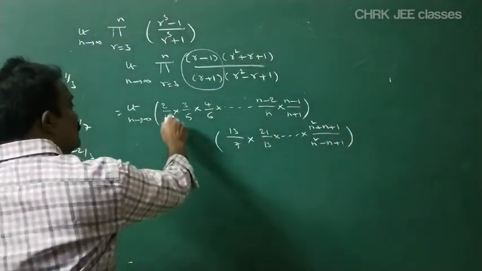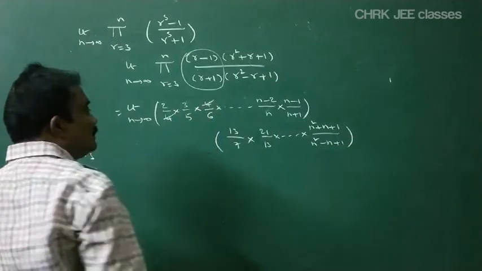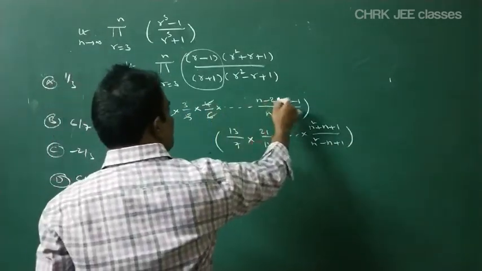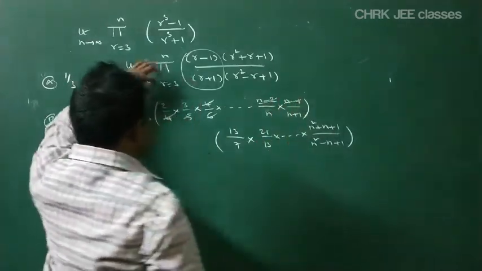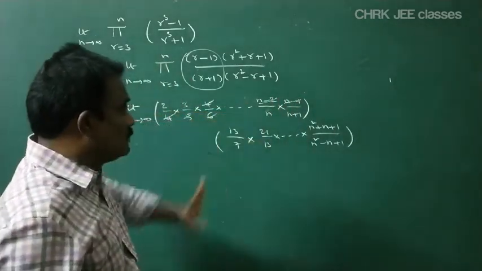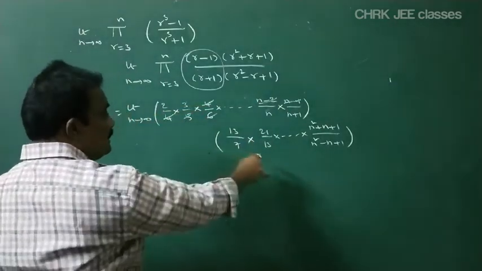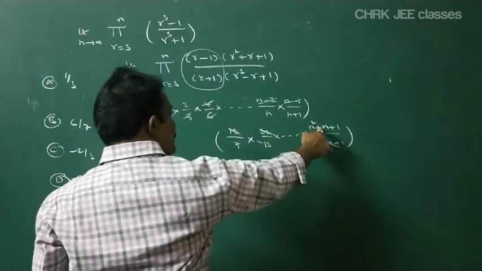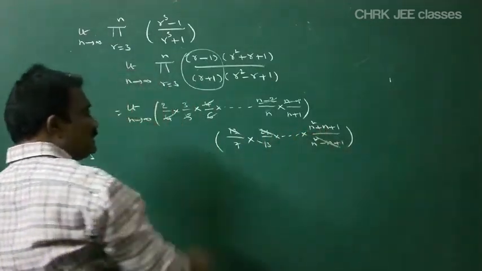Now all these terms are cancelled. We are getting numerator 2 terms and in the denominator 2 terms in the first one. In the second one also all these terms are cancelled. We are getting this one in the numerator and 7 in the denominator.